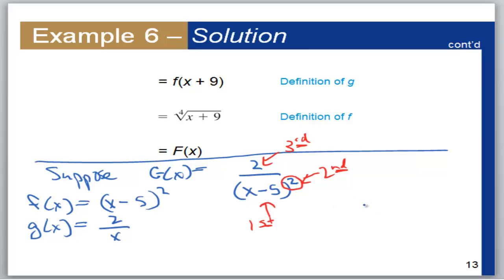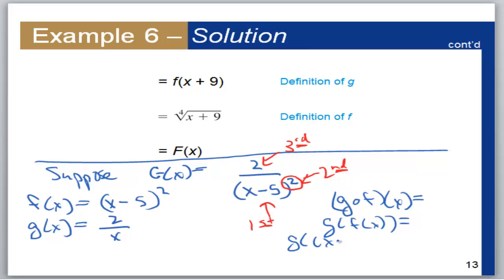So let's check that if I apply lowercase f first and lowercase g second, which would be g of f of x, I get g of x minus 5 squared. And what is g of x minus 5 squared?